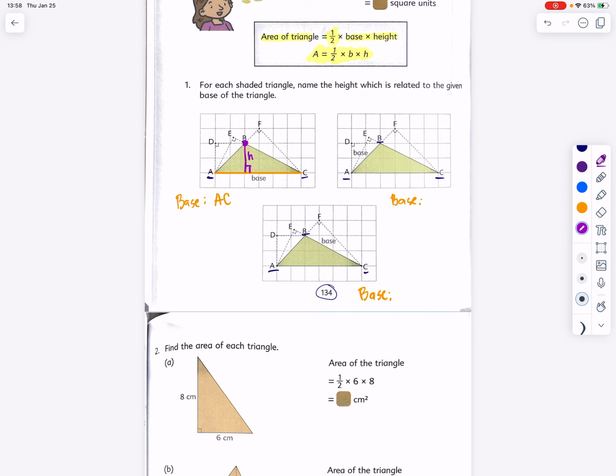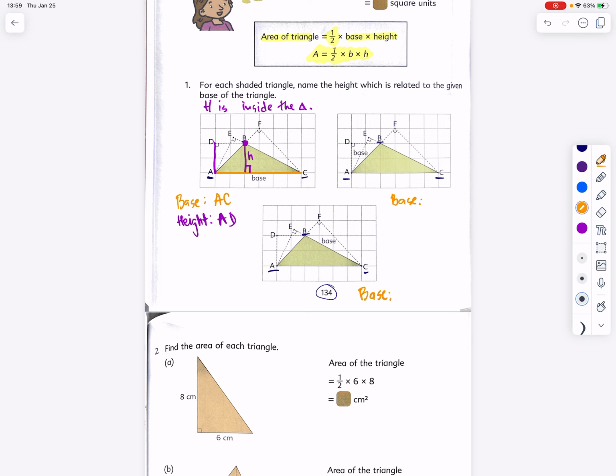This is our height H, and it corresponds to segment AD. So height is AD for this example. Now, this is the easiest example, when the height is located inside the triangle.